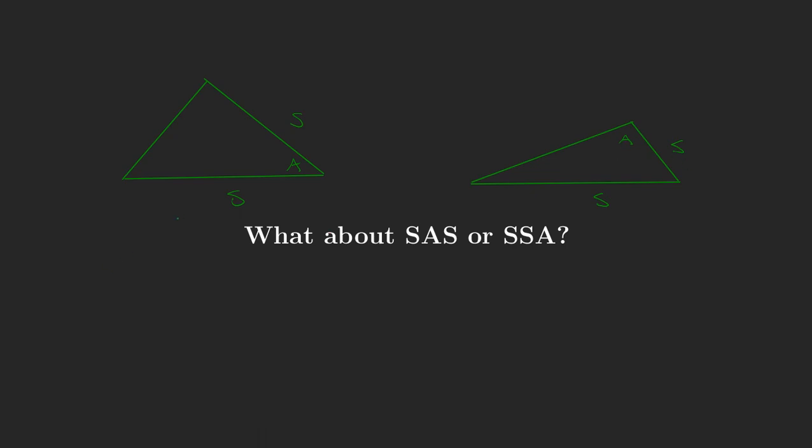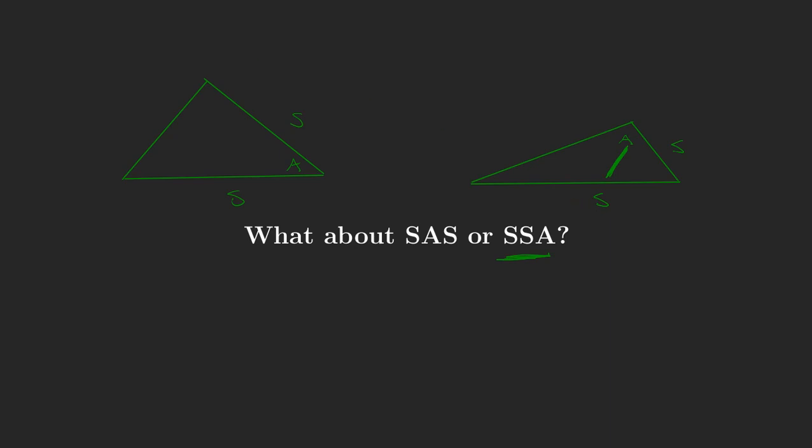So what happens if we only know one of the angles? Maybe it's between side lengths, maybe it's not. Notice that in this one here, we have a connection. We have an angle and a side length that's opposite it. We can use the law of sines.